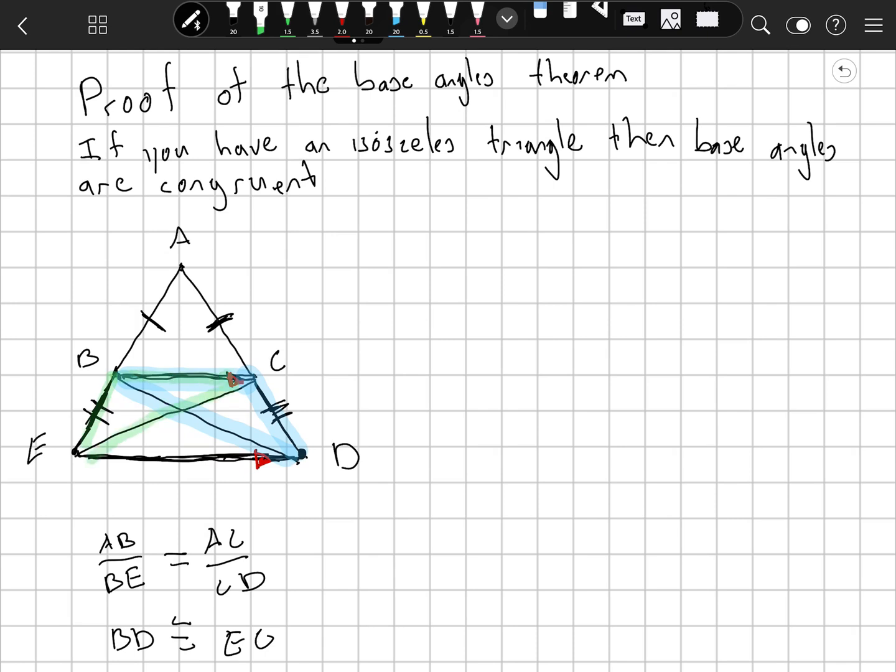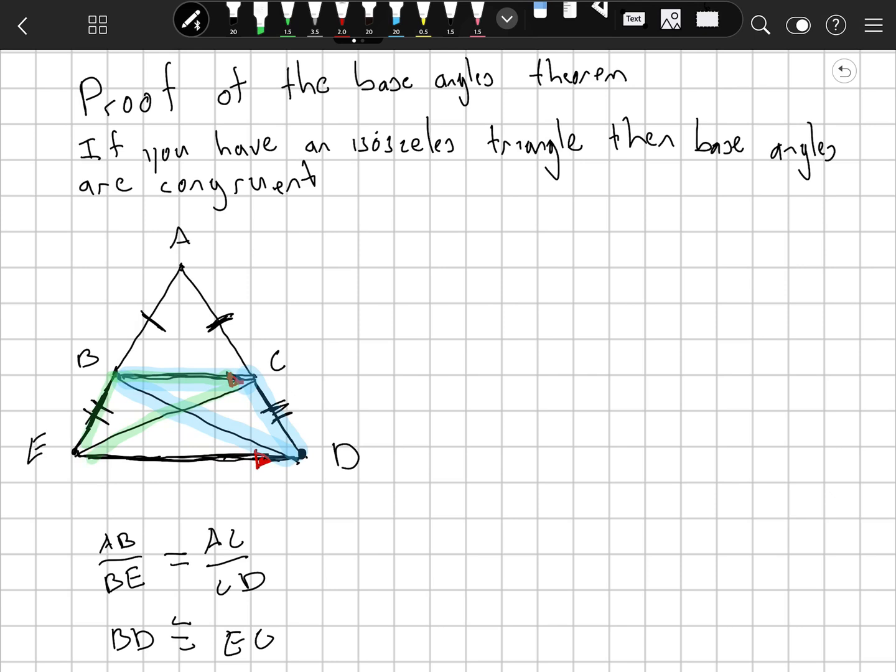Hopefully you can see which two I'm talking about. So are those two triangles congruent? Well, you know the diagonals are congruent, and you know BE and CD are congruent, and you also know BC is congruent to itself. So we could say through the side-side-side, we know that the triangles are congruent.